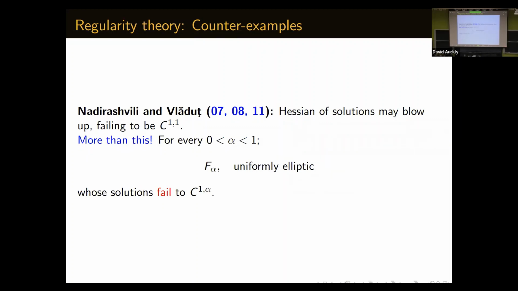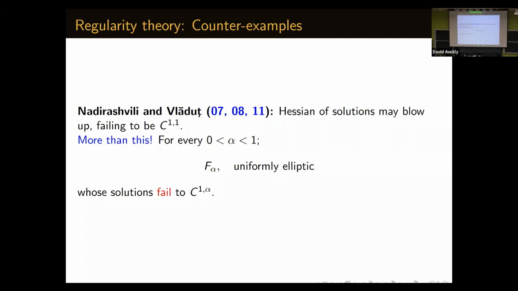For every alpha between 0 and 1, they constructed a uniformly elliptic operator whose solutions fail to be even in C1 alpha. So that means singular sets are unavoidable for the general theory of fully nonlinear equations. So you cannot totally get rid of the set where my solution fails to be smooth.